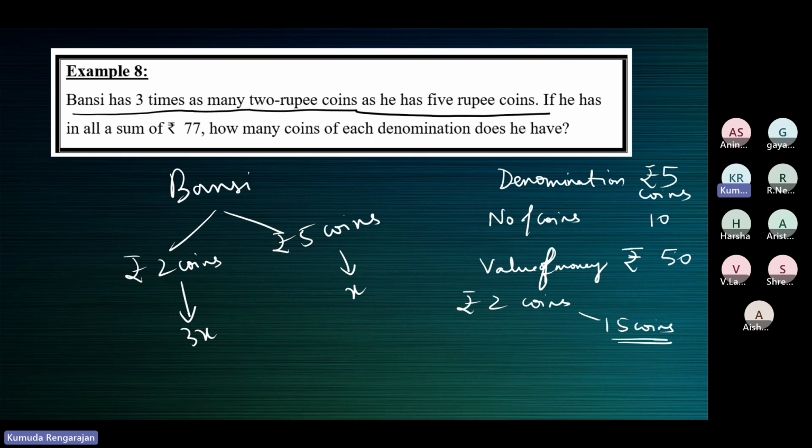You count how many coins you have. Value is the denomination multiplied by the number of coins. 5 into 10, 50 is the value of money. 10 coins does not mean you have 10 rupees.